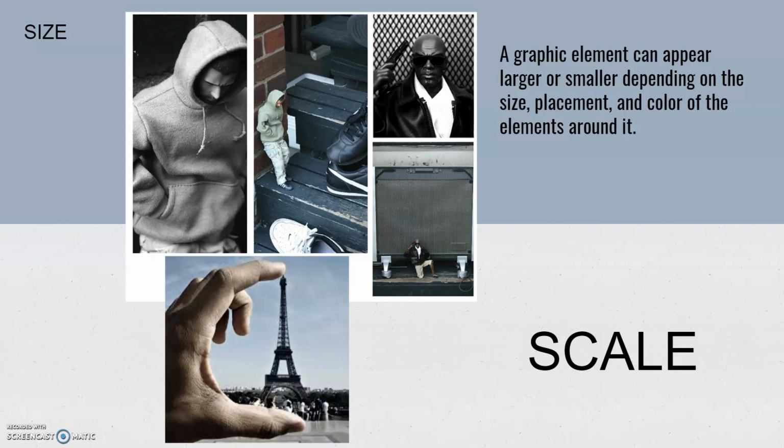But when you scale back and get a full view of the picture itself, it's a very small object that did not appear to be so small, but once you scale it down or up, you can see the actual ratio.